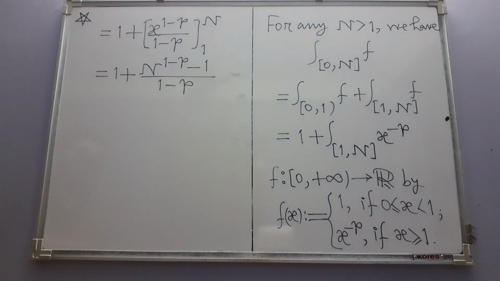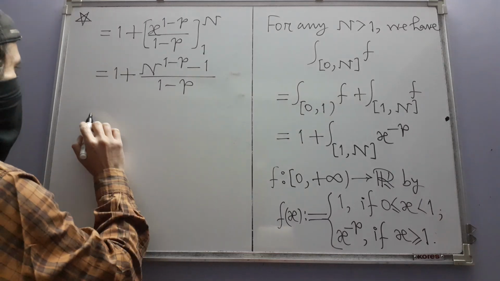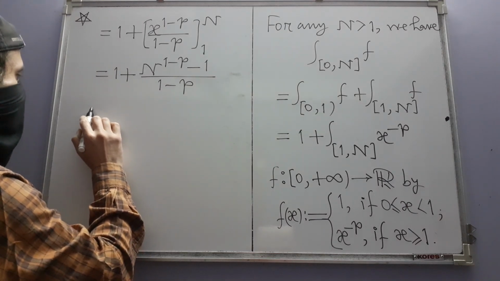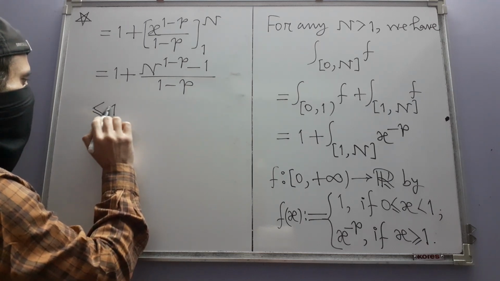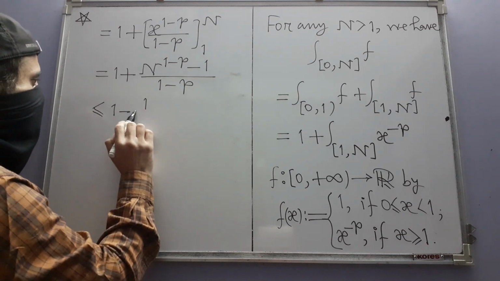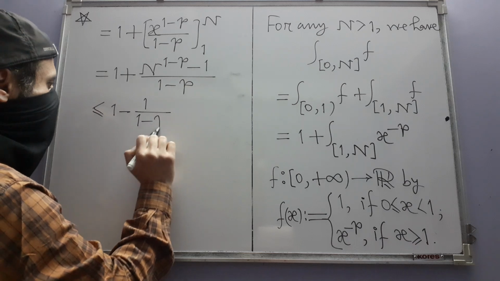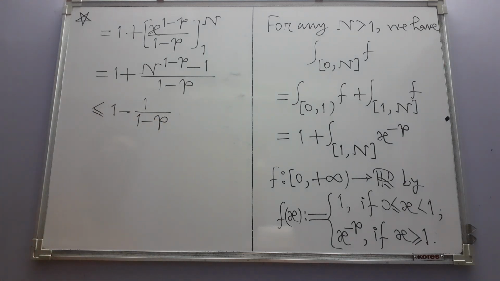All right. Now, this thing turns out to be less than or equal to 1 minus 1 divided by 1 minus p.